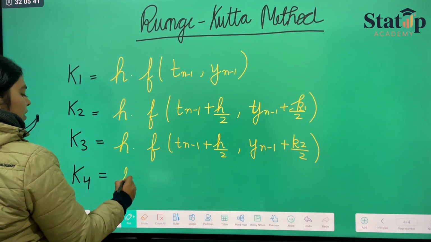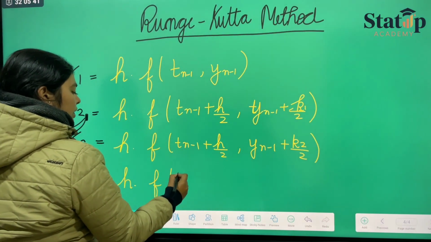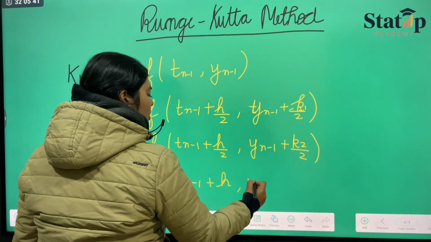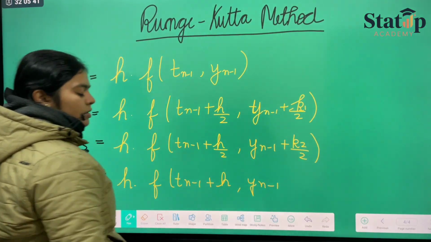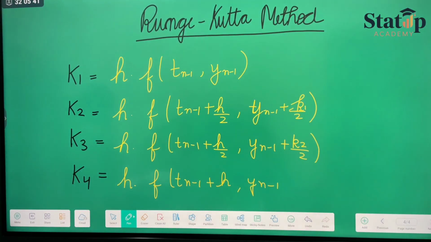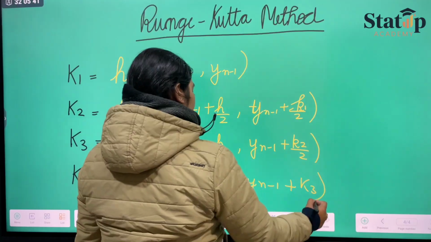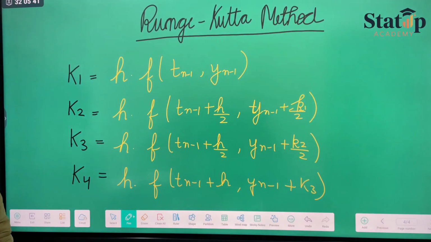And the fourth one is K4 equals h into f of t n minus 1 plus h comma y n minus 1 plus k3. I hope that all of them are clear.